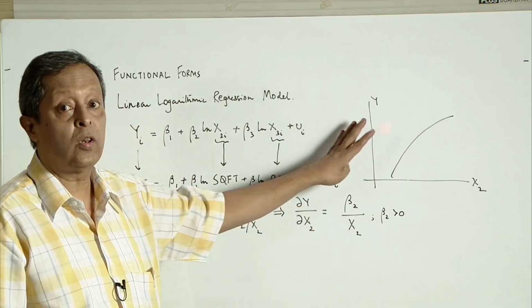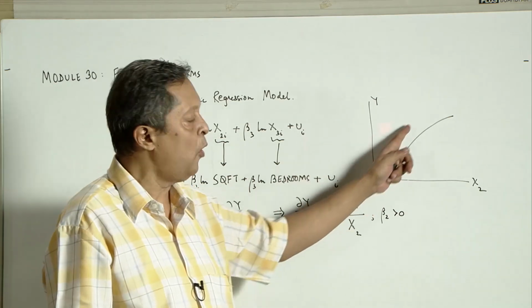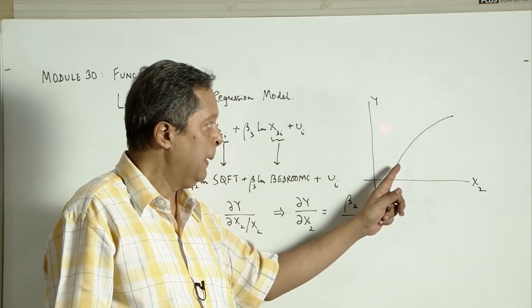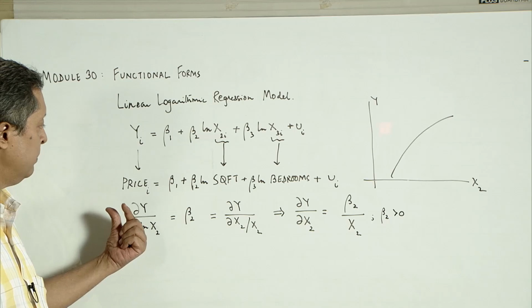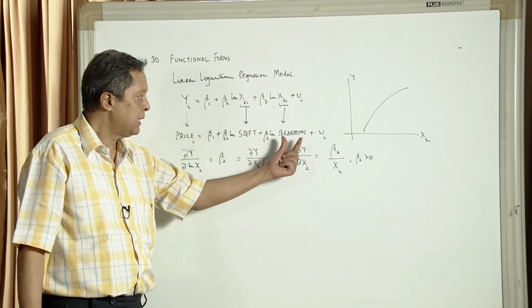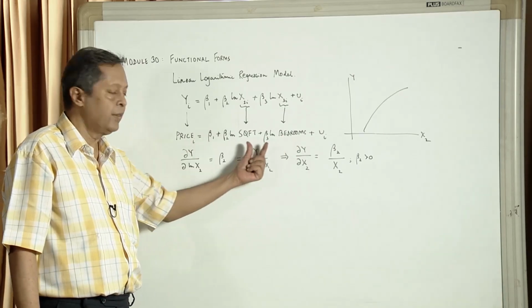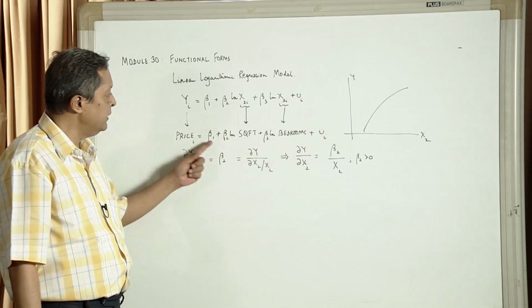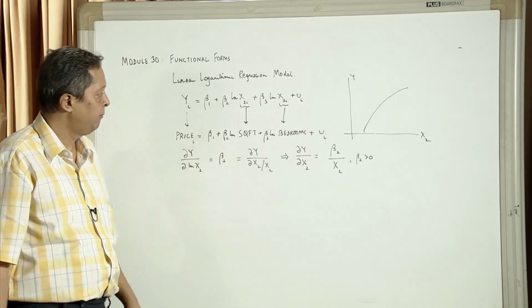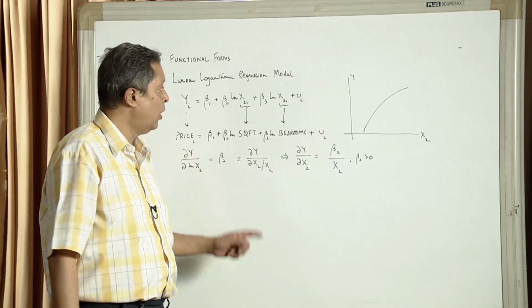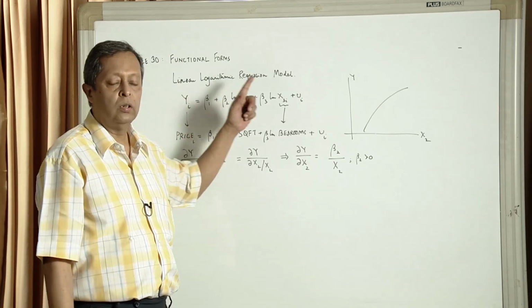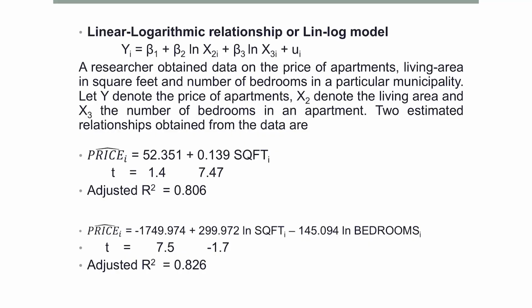The slope is not constant. So, the functional form is non-linear, but we can accommodate this functional form in the classical linear regression model, which is linear in the parameters. Let us now take a look at another example of lin-log models.